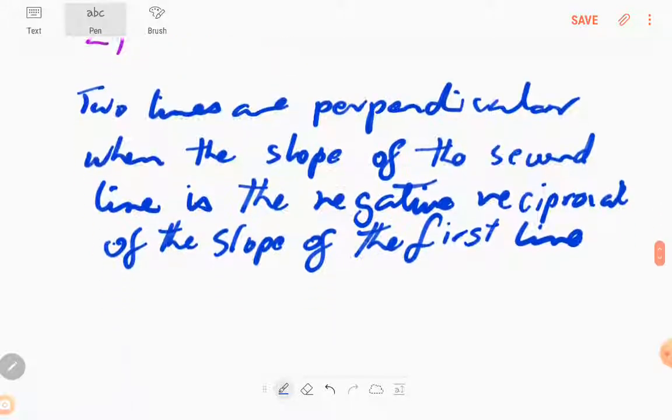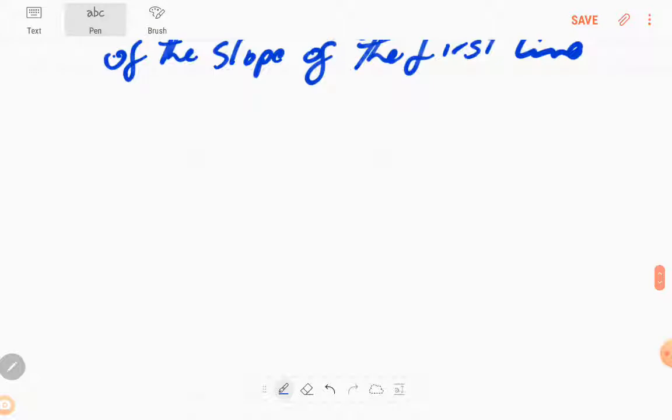In other words, for a perpendicular line, the slope of that perpendicular line would be negative times the reciprocal of the slope of the first line.